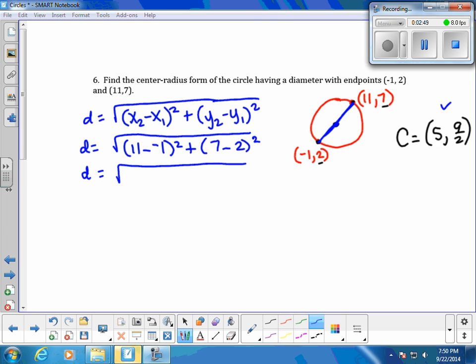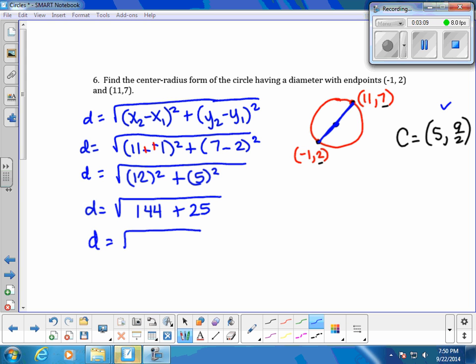So then this minus a negative is just going to be plus. 11 plus 1 is 12 squared plus 5 squared. And I just keep on going. 12 squared is 144. 5 squared is 25. That gives me the square root of 169. The diameter all the way across is 13.